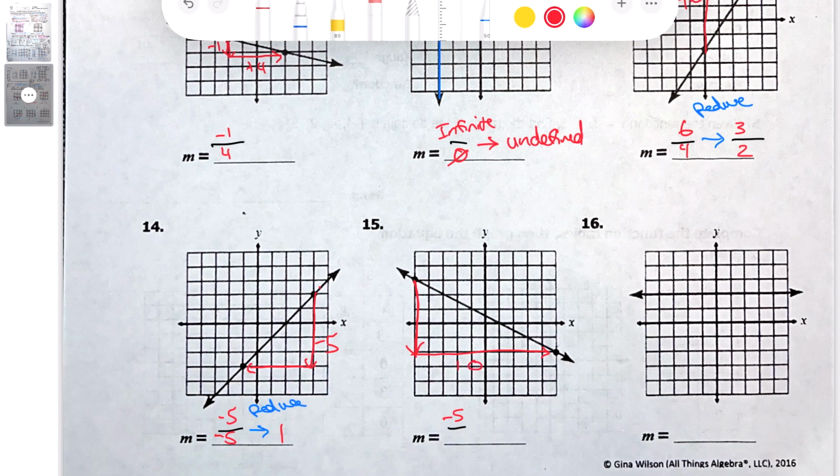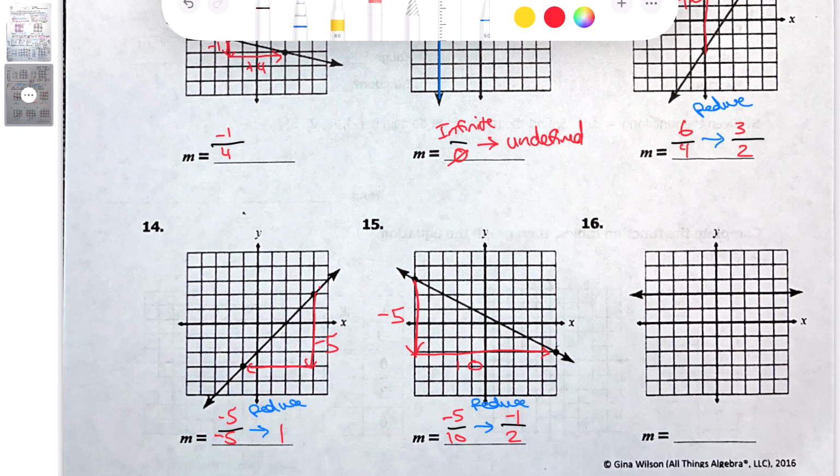I can see it's going all the way across. So I went down 5, and then all the way across the graph, which is a positive 10. So again, don't forget to reduce so that you get your full credit here. So both of these can divide by 5. So negative 5 divided by 5 is negative 1. 10 divided by 5 is 2. So instead of leaving it negative 5/10, we write it as negative 1/2.